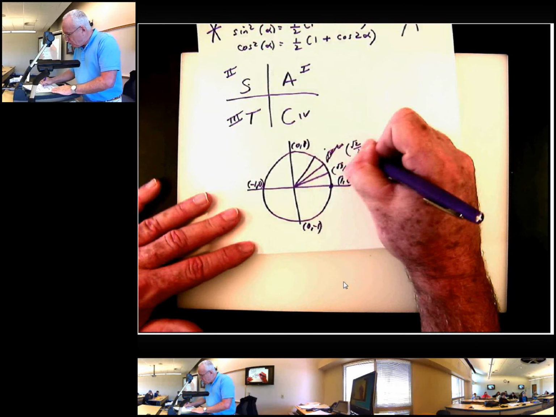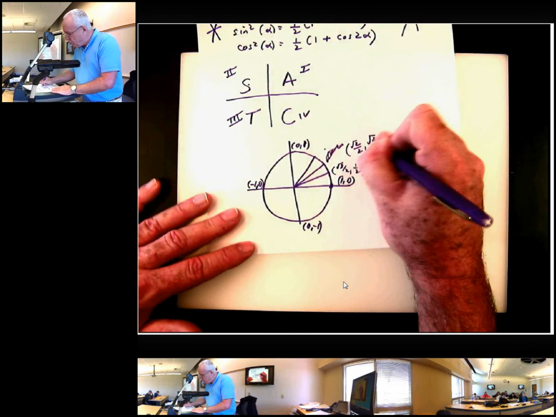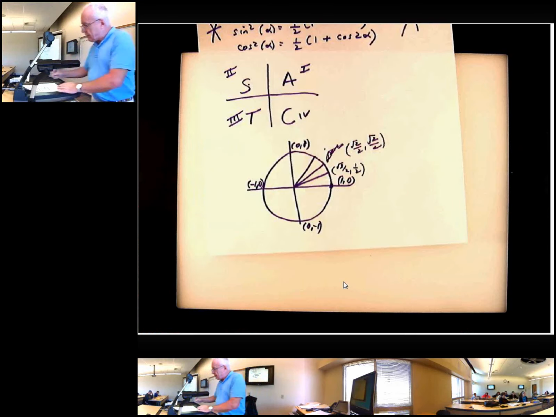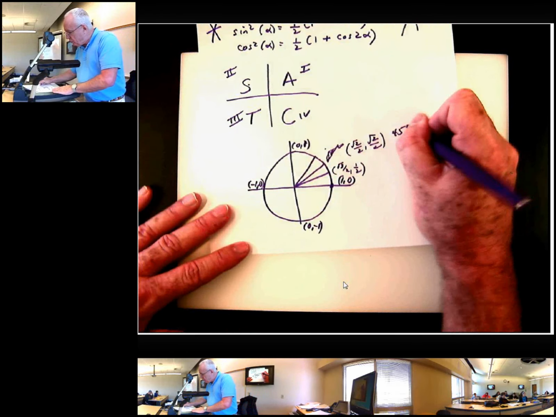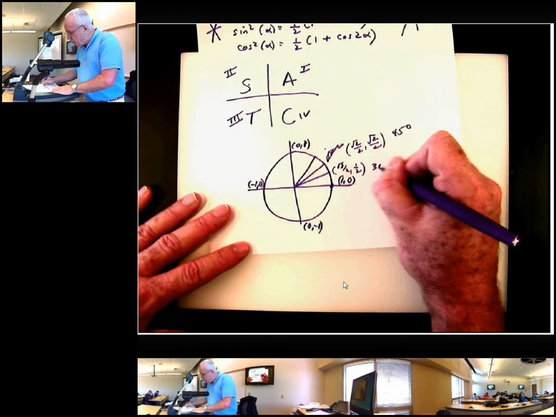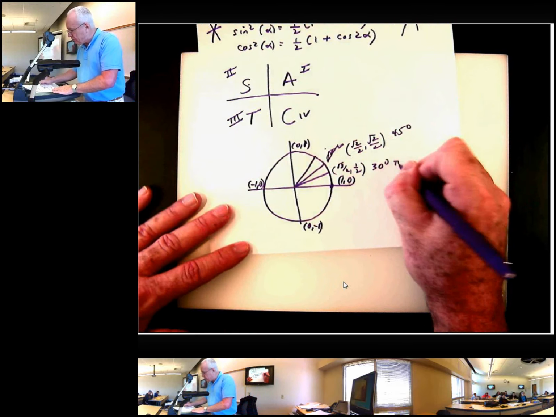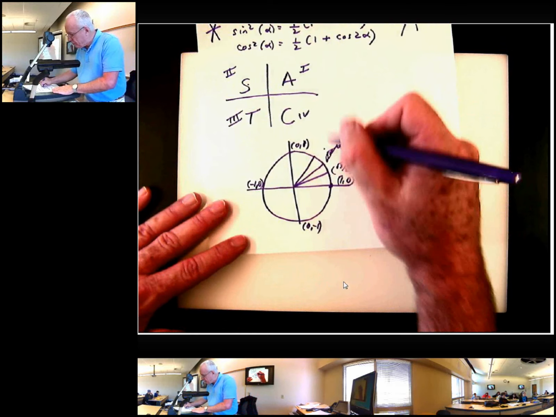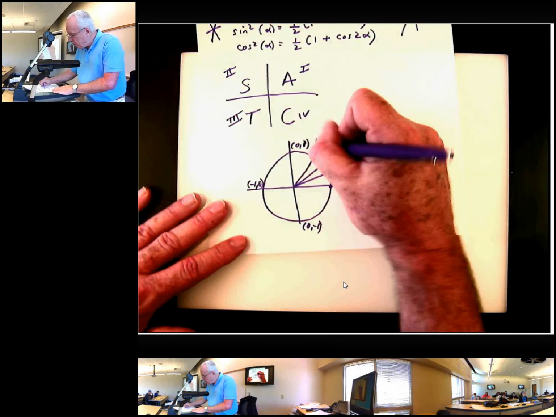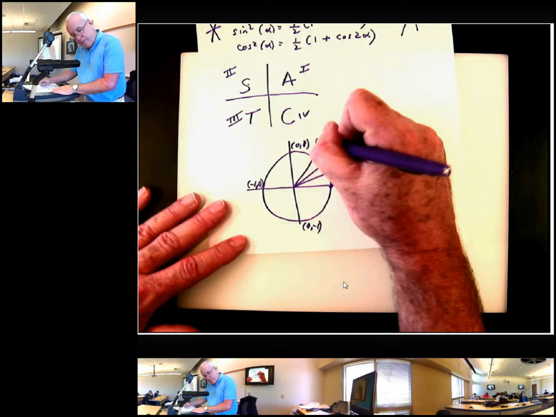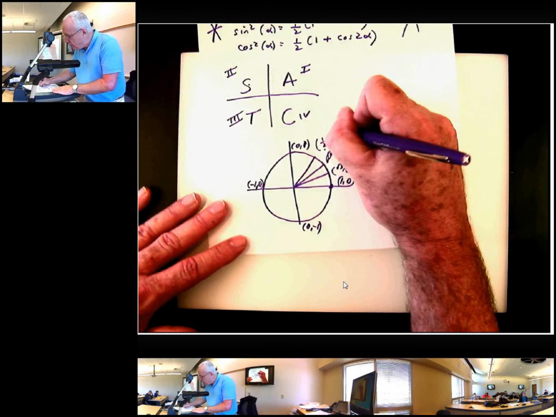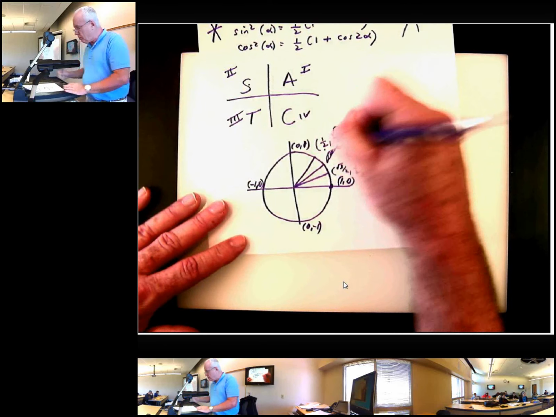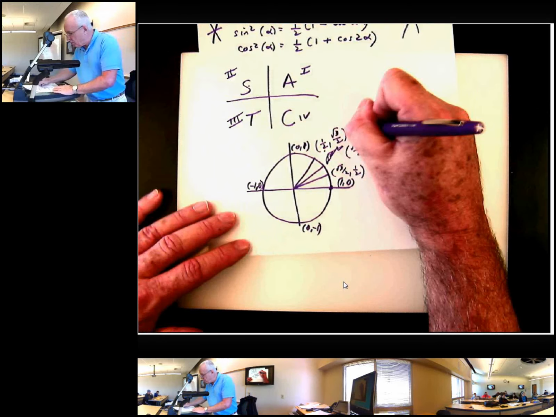Square root of 2 over 2, square root of 2 over 2, and that's for 45 degrees. This is for 30 degrees, which is pi over 6, pi over 4, and then for 60 degrees, it's going to be 1/2, square root of 3 over 2, and that's for pi over 3.